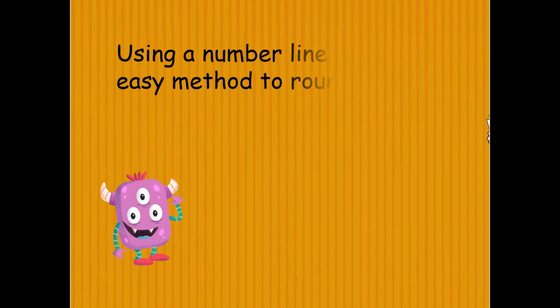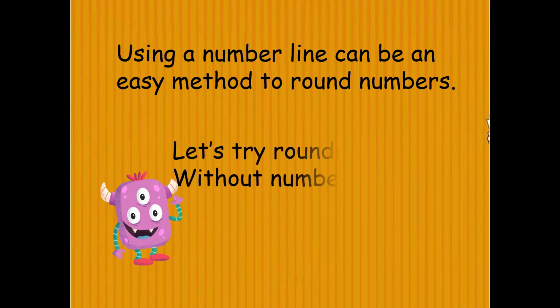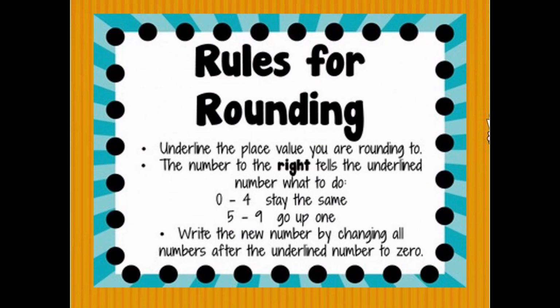Using a number line can be an easy method to round numbers. Let us try rounding numbers without using a number line. These are the rules for rounding numbers. Step 1. Underline the place value you are rounding to.